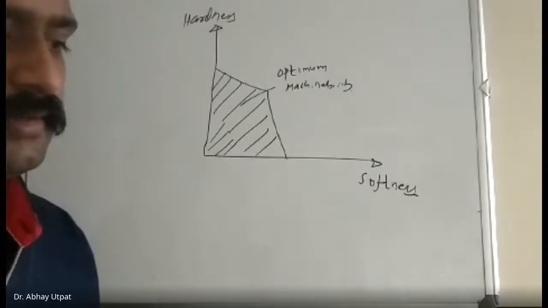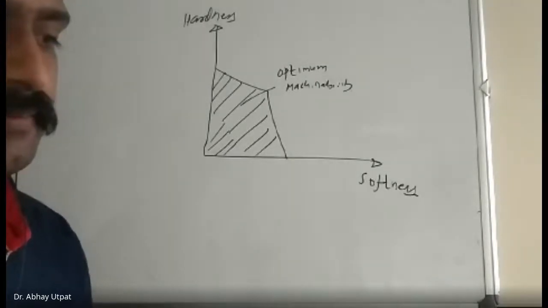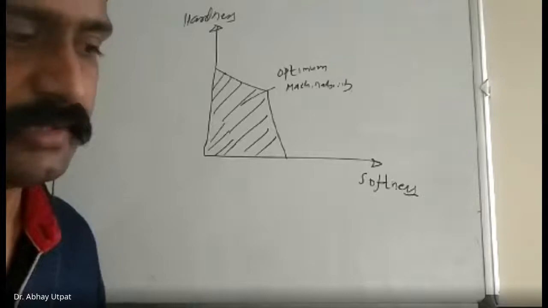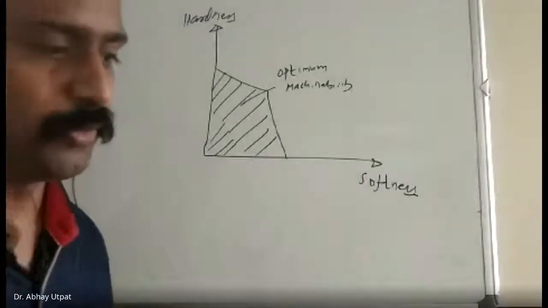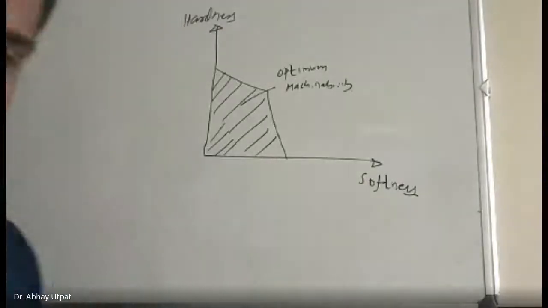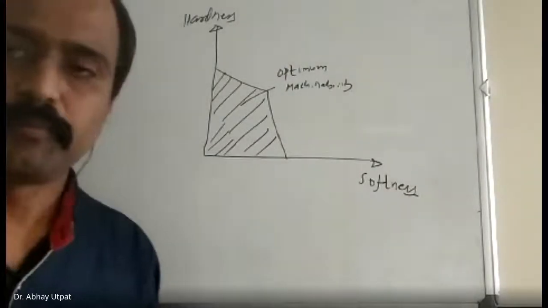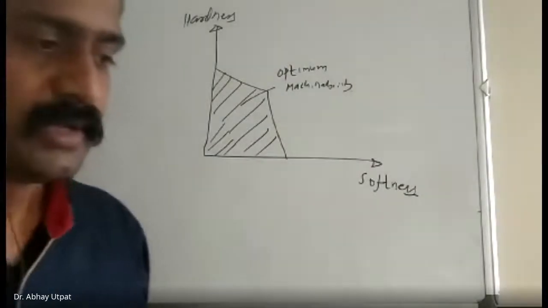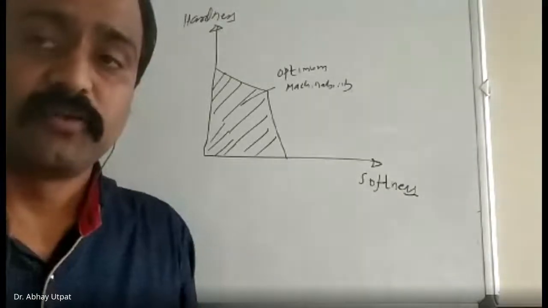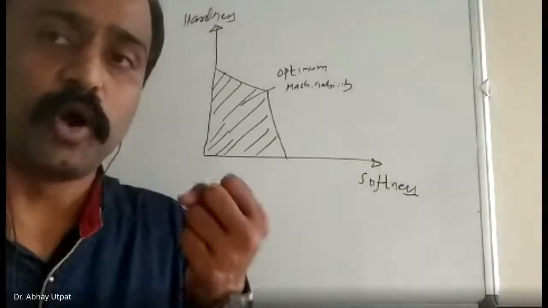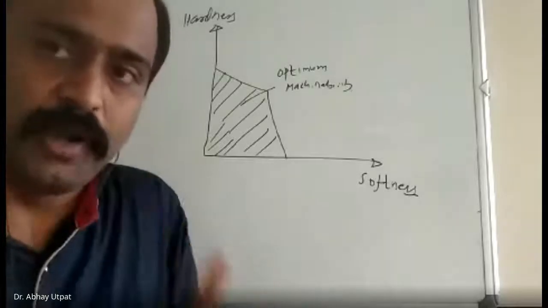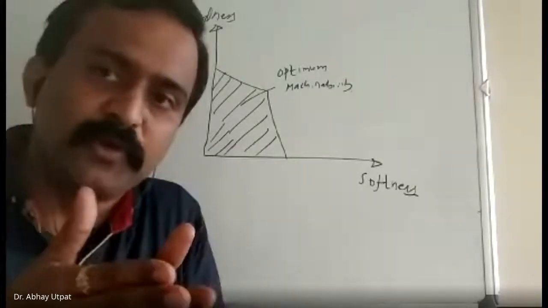Third, medium carbon steel, 0.3 to 0.4% carbon. Now for this steel, what will be the condition for optimum machinability? 0.3 to 0.4 means you are away from softness.